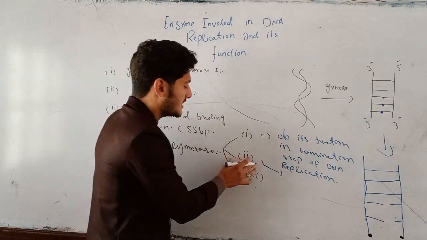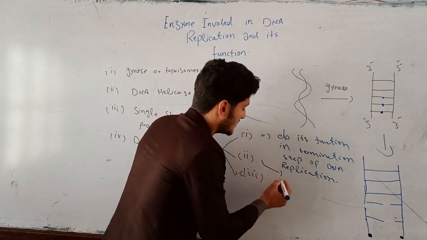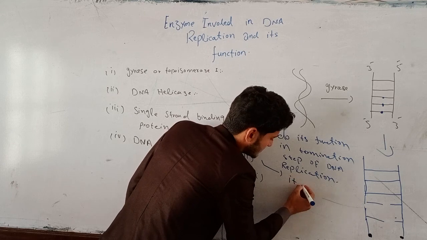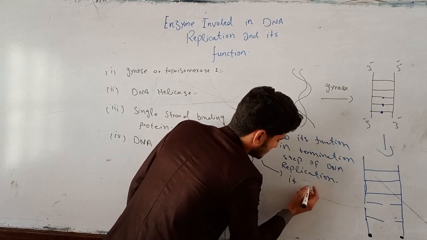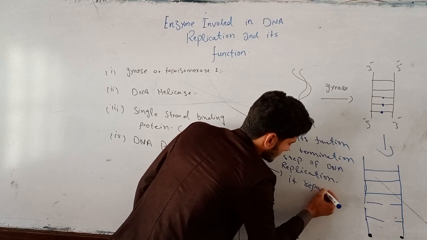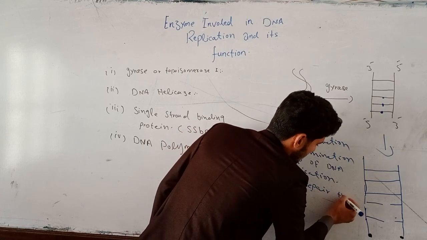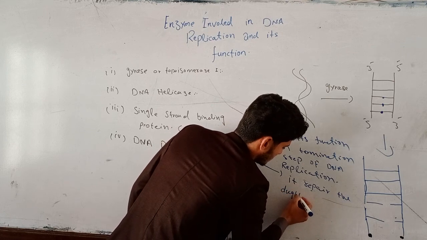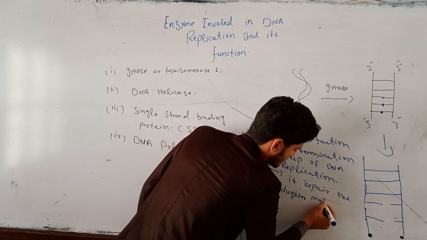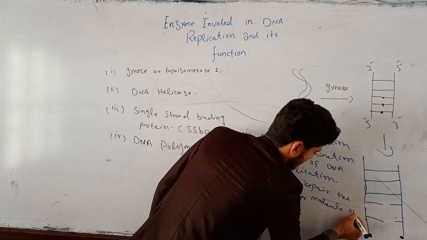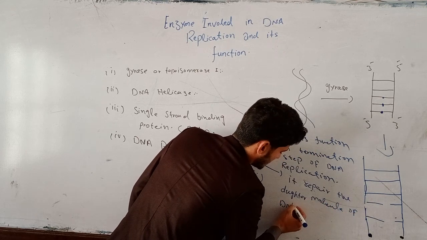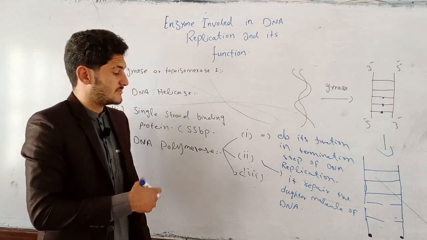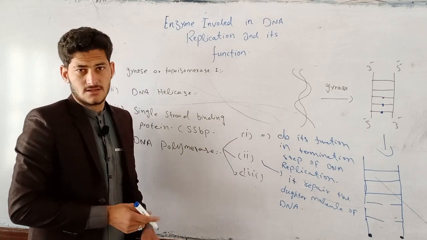So what is the function of DNA polymerase 2? It repairs the daughter molecule of DNA, and also performs its function when mismatching occurs in the new strand.